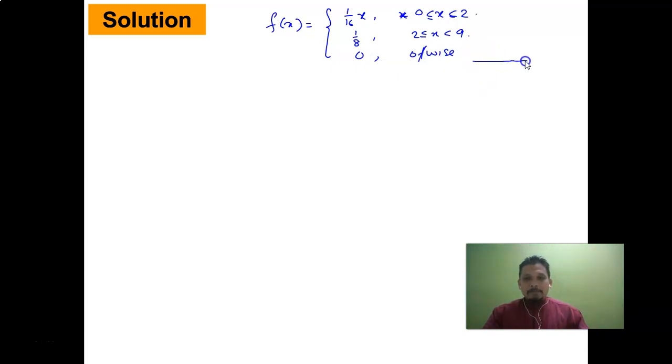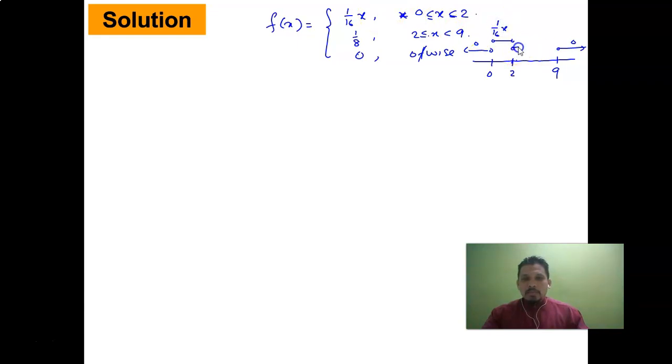Meaning here, from 0 until 2 and 2 until 9. Otherwise, besides these two, the function is 0. So the first domain from 0 until 2, the function is 1 over 16 x.